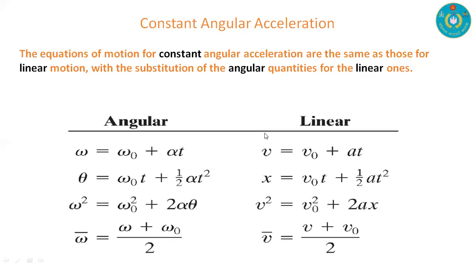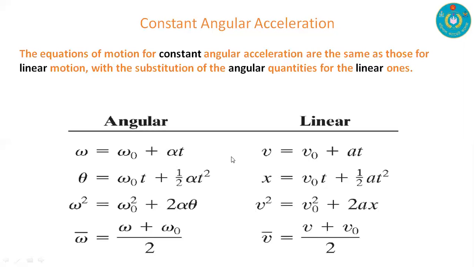Previously in SSC, you learned about linear quantities, and we are going to relate linear and angular quantities here. At first, observe these linear equations, all known to you: v is equal to v naught plus at, x is equal to v naught t plus half at square, v square is equal to v naught square plus 2ax, v bar is equal to v plus v naught divided by 2.